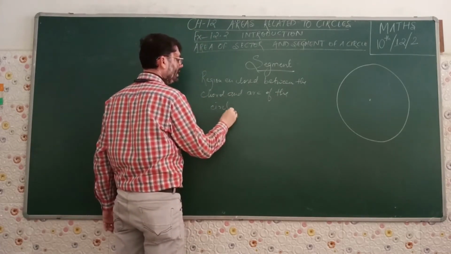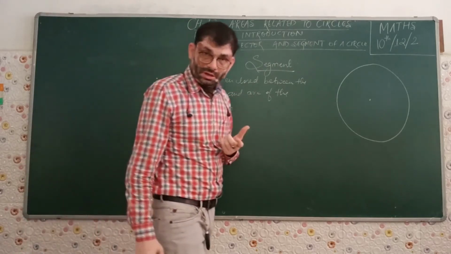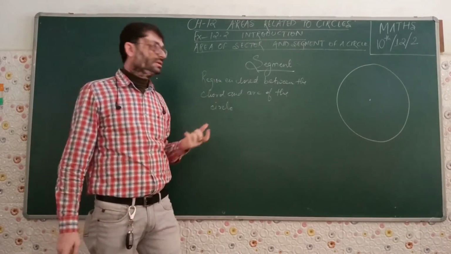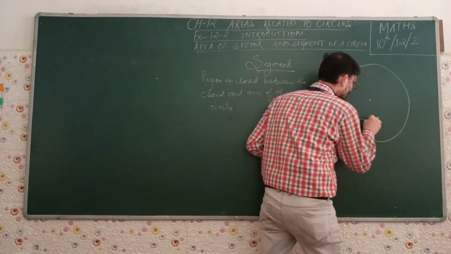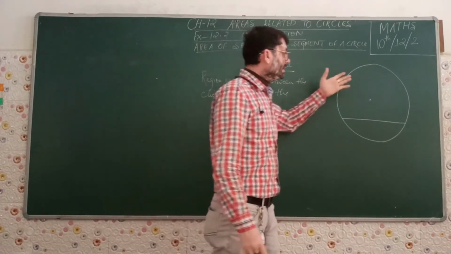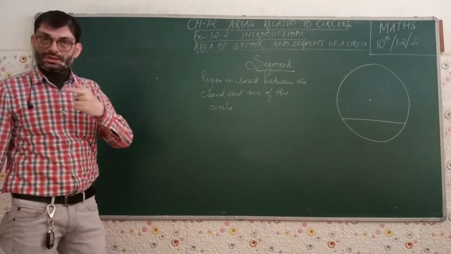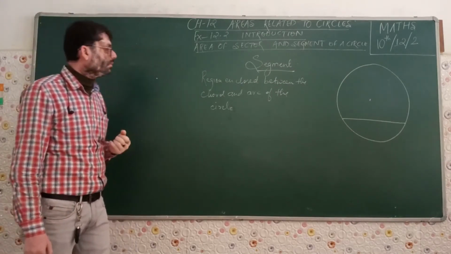Now, what is a chord? It is a line joining two endpoints of a circle. It can be any line. Say this is my chord. A circle can have an infinite number of chords, and the longest chord is the diameter. This we have learned in our previous classes, in class 9 also.